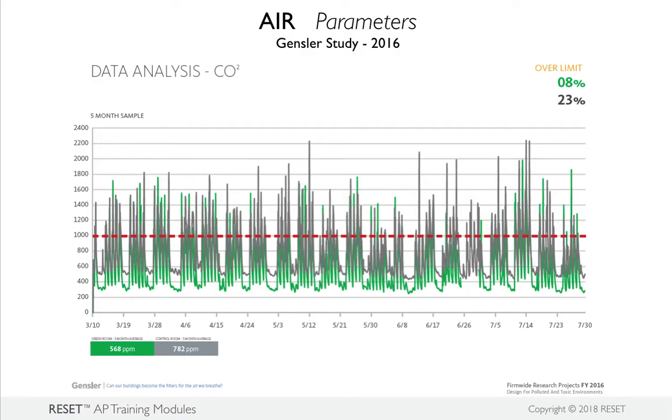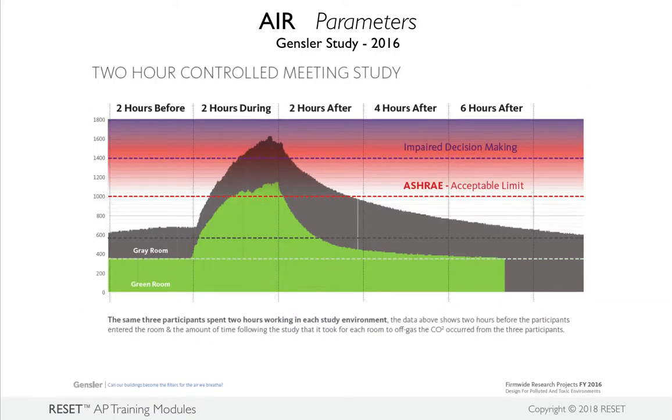The plant wall room was expected to affect the CO2 levels, and it did. CO2 was a little bit lower than in the gray room. No big shock there. But because we have data from continuous monitoring, we were able to find something that was rather significant. If we really look at what the data collected is showing us, the 2 hours before the occupants are in the room are shown here.